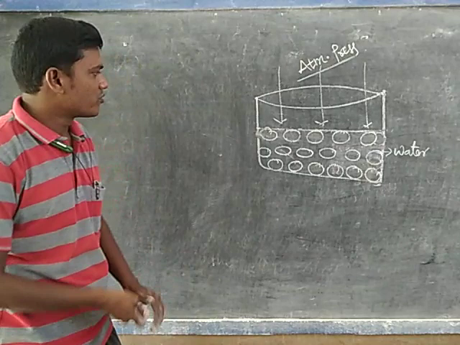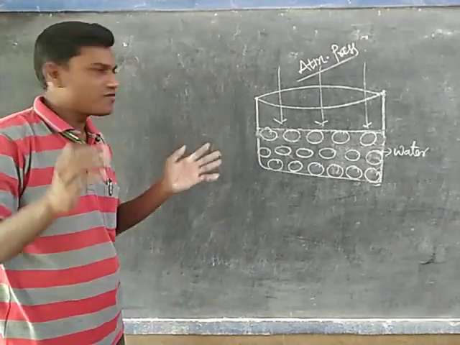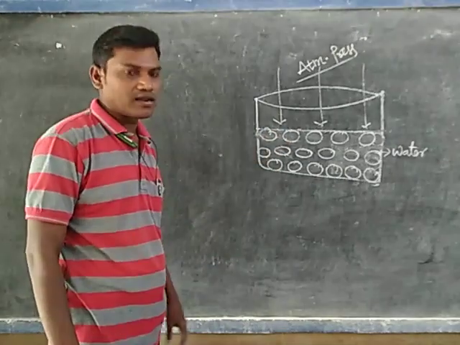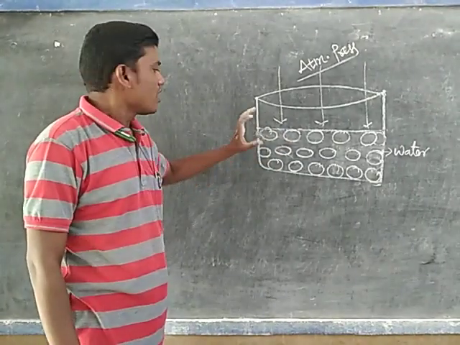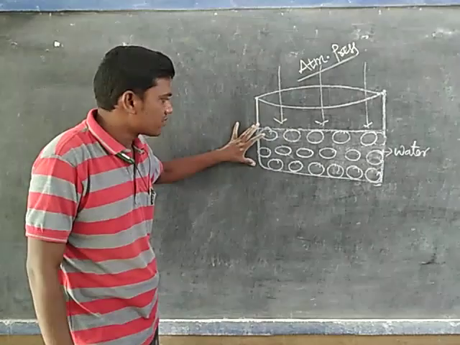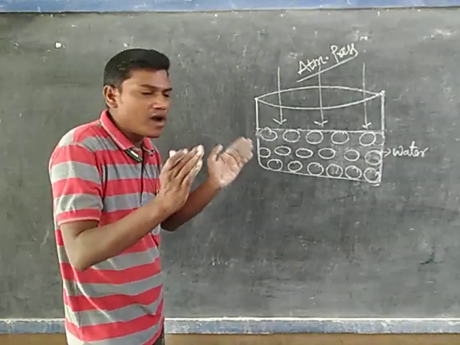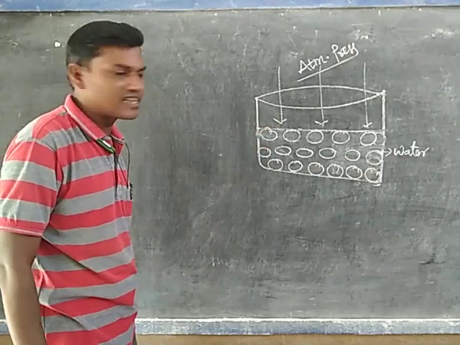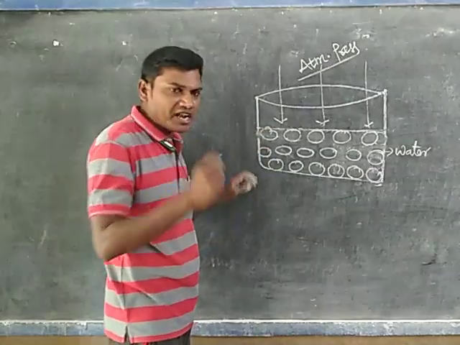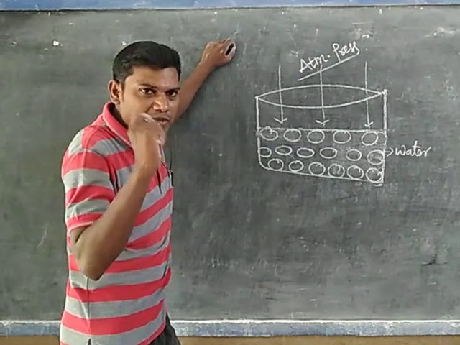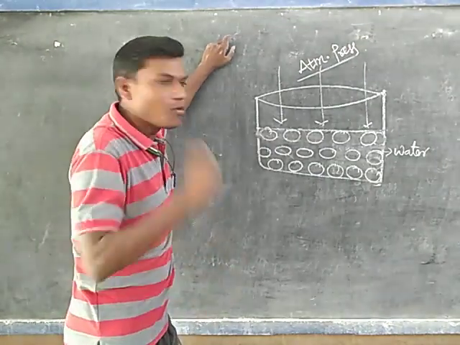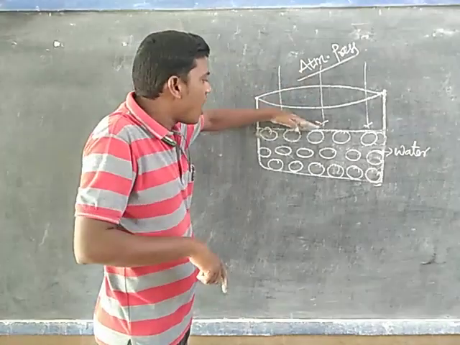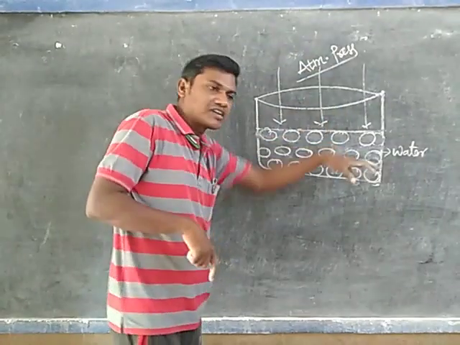First of all, we take a large beaker. The beaker is filled with some quantity of water or liquid, but mostly we consider water here. Due to the basic ideas in physics, we know that atmospheric pressure acts on the surface of the water vertically downward.